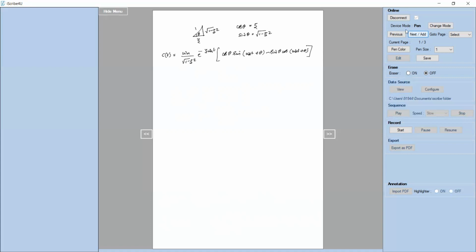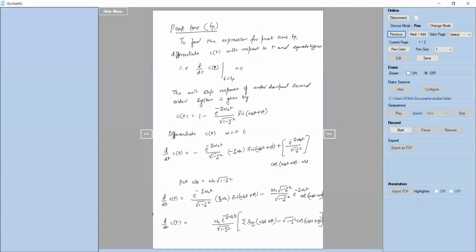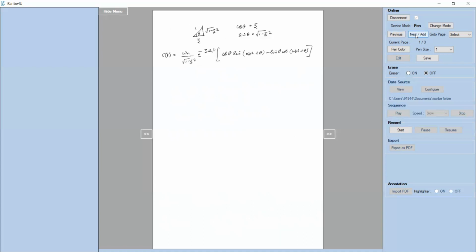So what I did, just go to the previous sheet, you will get to know. In place of zeta, I have taken cos theta. In place of square root of 1 minus zeta square, I have taken sin theta. So I got this equation.